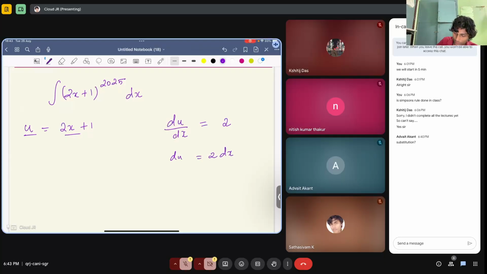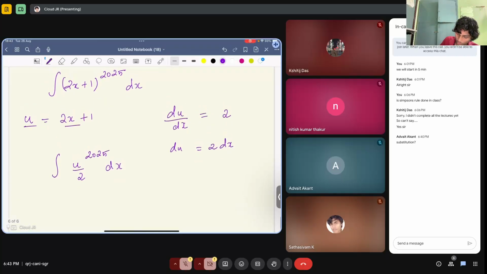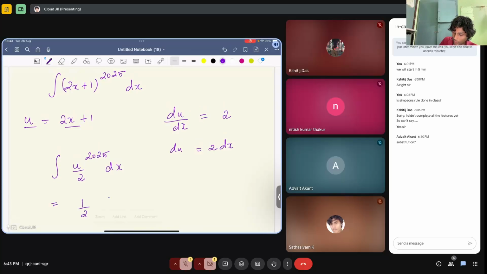Now what happens is instead of this dx, you can substitute du by 2, and instead of this term, you can put u. So if you write here, this is u by 2, 2025 dx. So now you can take the 1 by 2 outside, and now you can integrate the way you want.